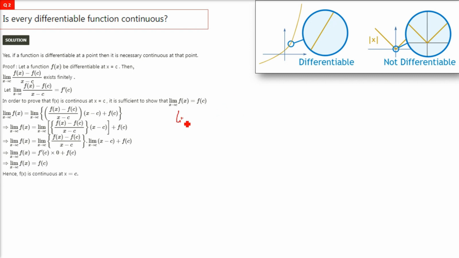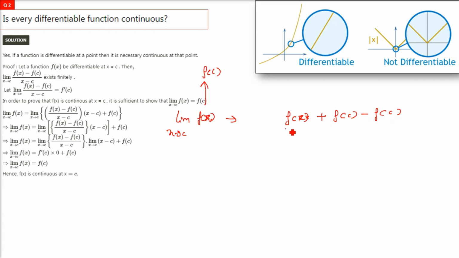See, we have limit x tends to c of f(x). This is what we have to judge, and we will finally prove it to be f(c), that is the value of the function at c. So you have f(x). And we will introduce some f dash here. Just I'll show you how we are going to do this. I am adding and subtracting f(c). It will not have any effect.